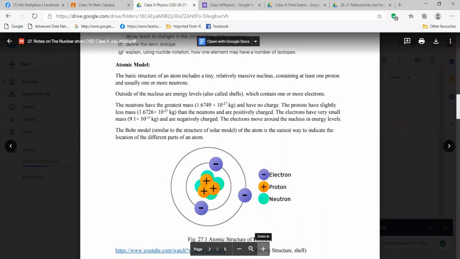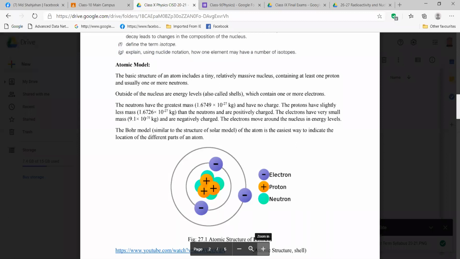The basic structure of an atom includes a tiny, relatively massive nucleus containing at least one proton and usually one or more neutrons. Outside of the nucleus are energy levels, also called shells, which contain one or more electrons. The neutrons have the greatest mass, 1.6749 × 10^-27 kg, and have no charge.